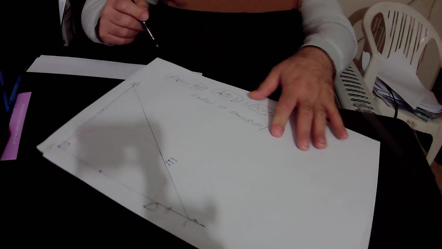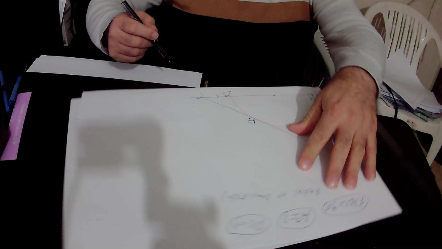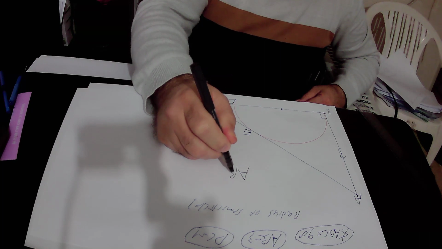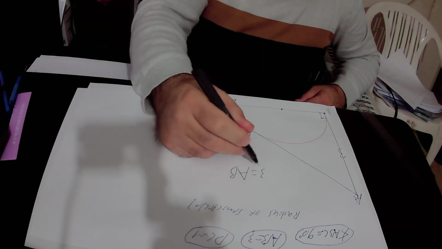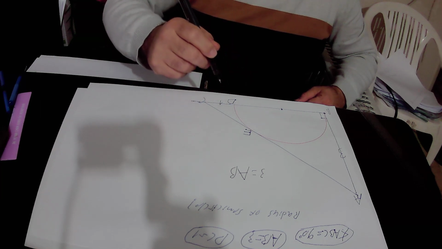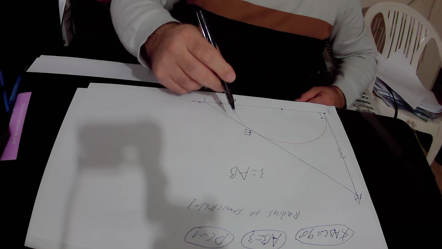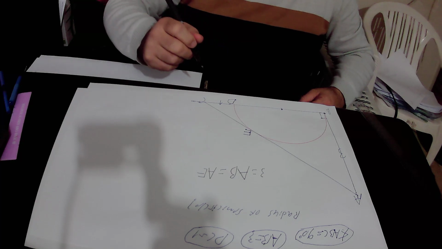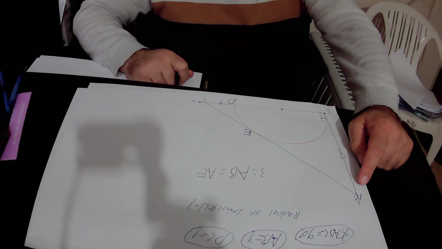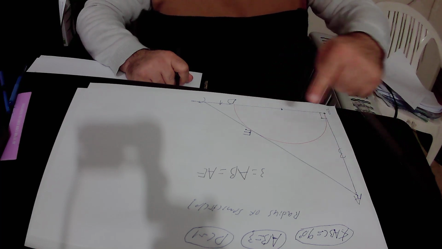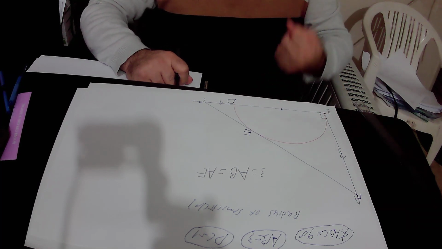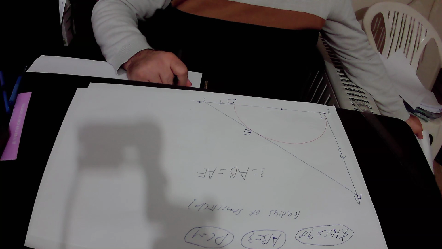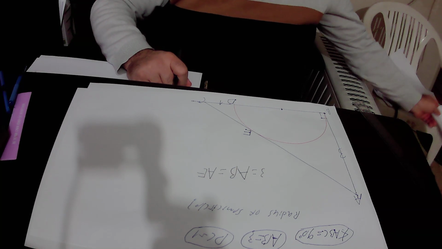So according to rule number 1, the length of those two tangents, tangent AB, that equals 3 units, is equal to the length of the second tangent, that is tangent AE, because from the external point A we have two tangents to this red semicircle, and the lengths of two tangents from a common external point to a circle are equal.